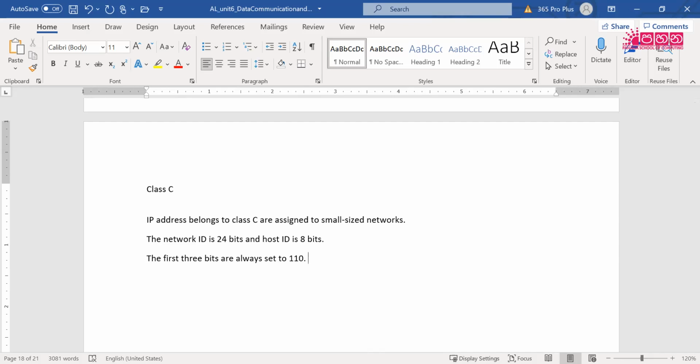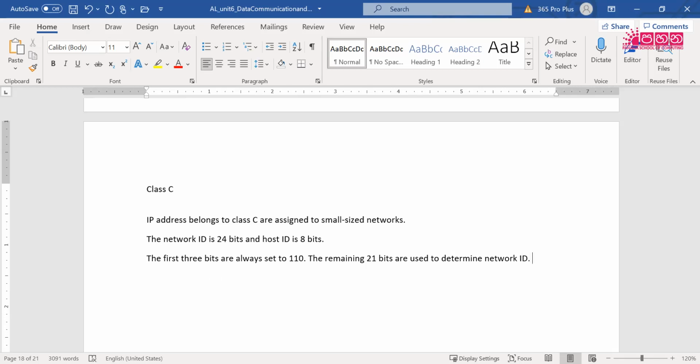So we have remaining bits. The remaining 21 bits are used to determine network ID.